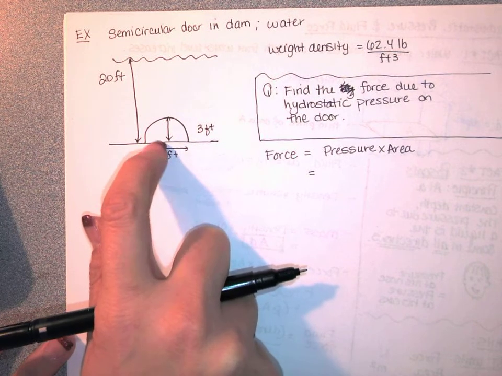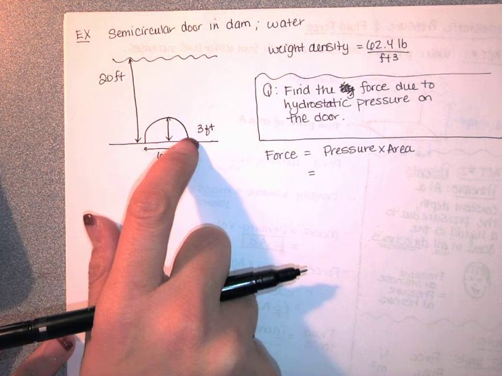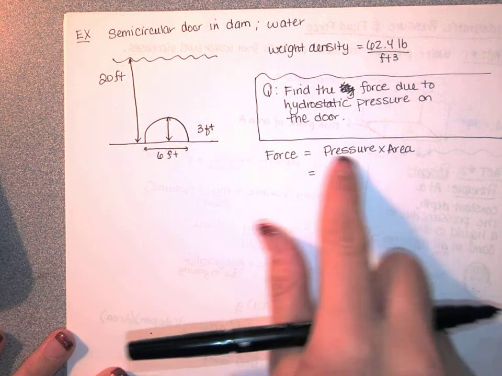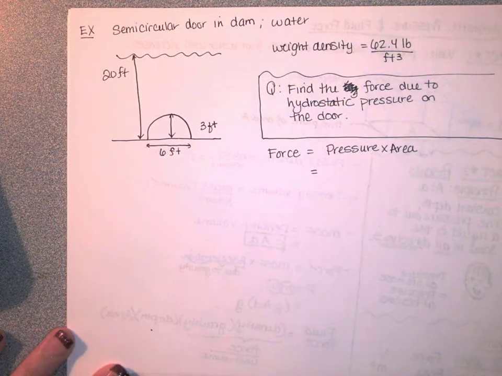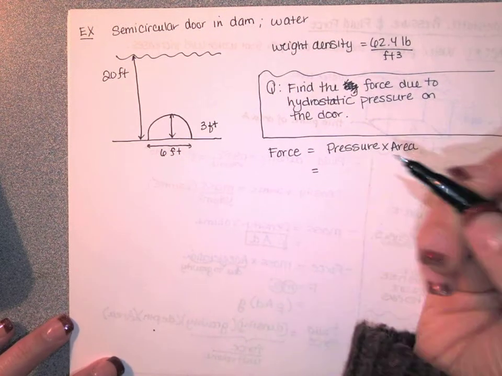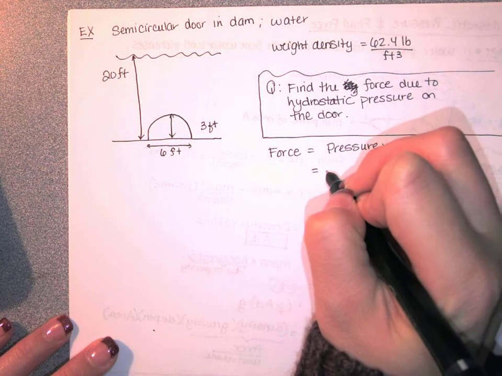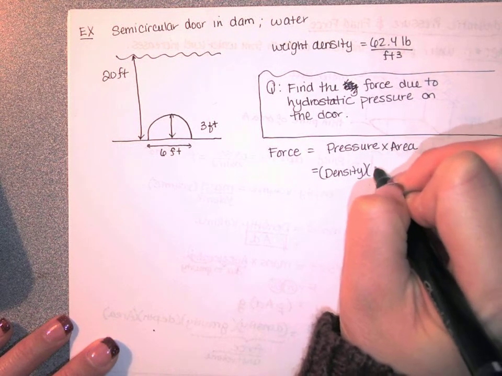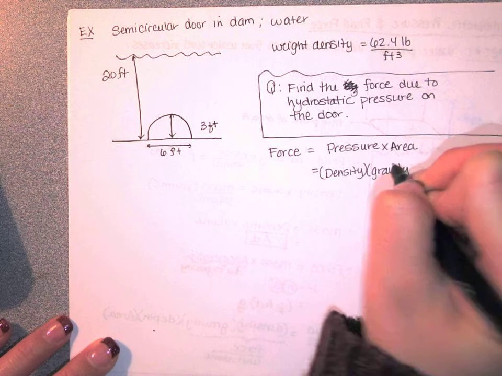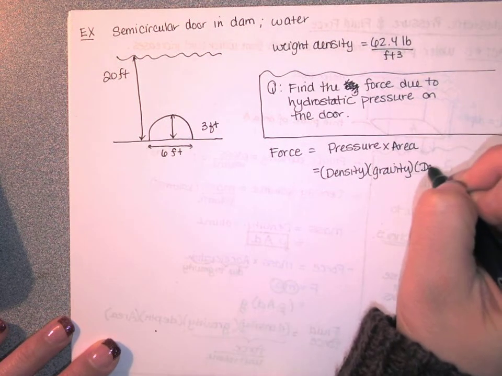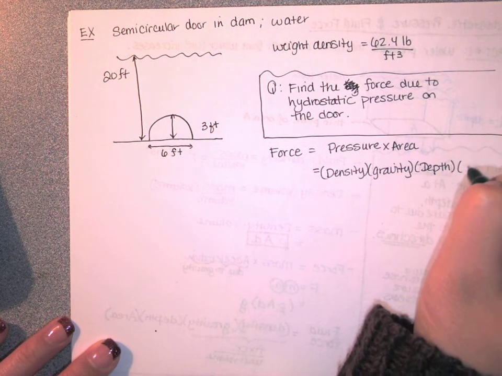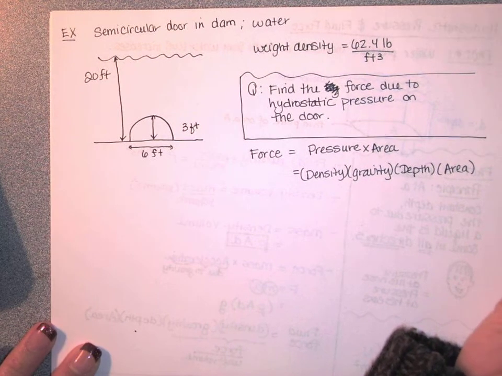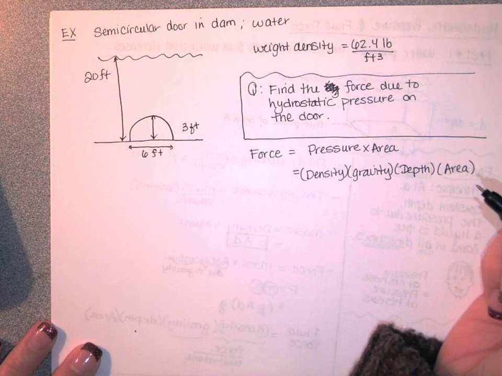And if it's experiencing more pressure, then the force is going to change from piece to piece. Now remember what pressure is. Pressure is density, so that's mass per unit volume, times gravity, times depth, times area, and that pressure is changing from piece to piece.